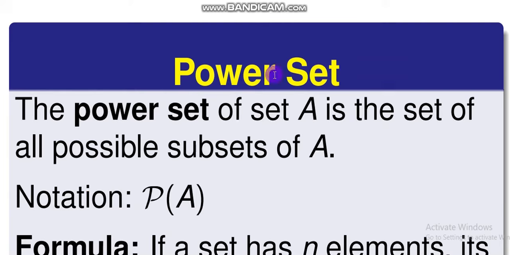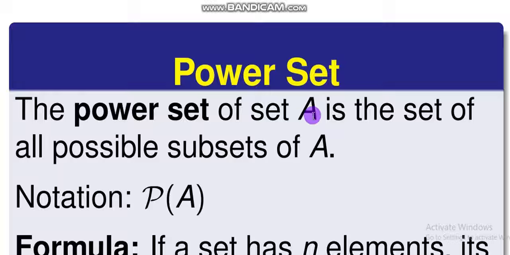The next thing is power set. What do we mean by power set? If A is a set, then the power set of set A is the set of all possible subsets of A. Remember, a subset is a set that is extracted from a given set.